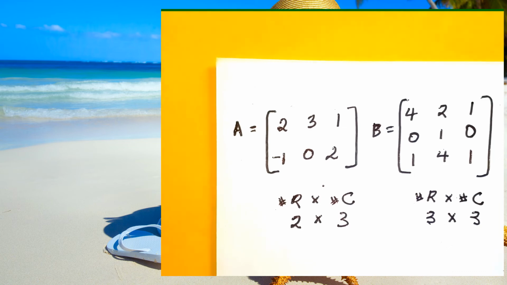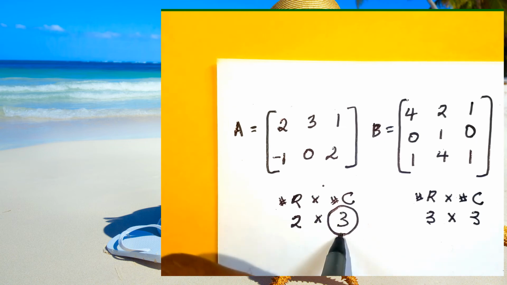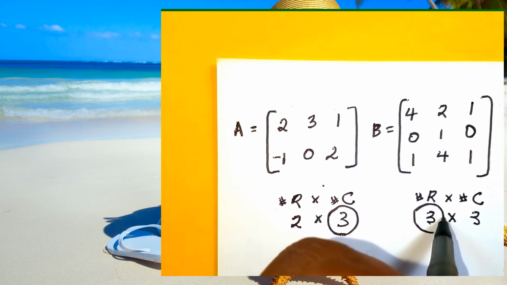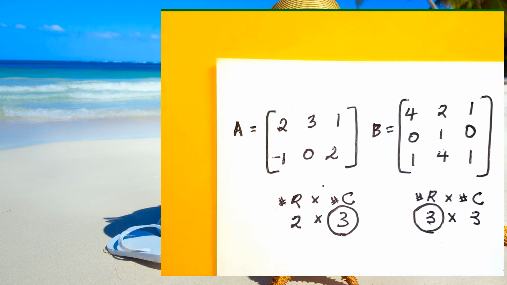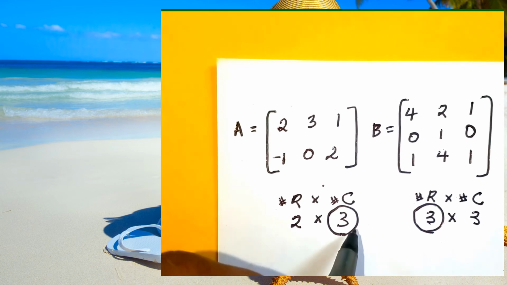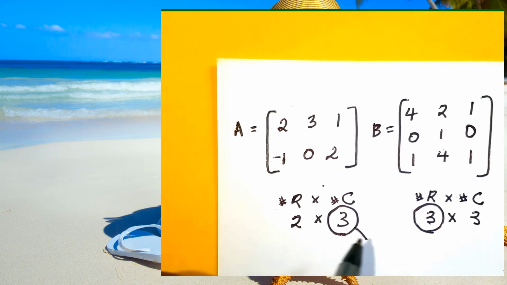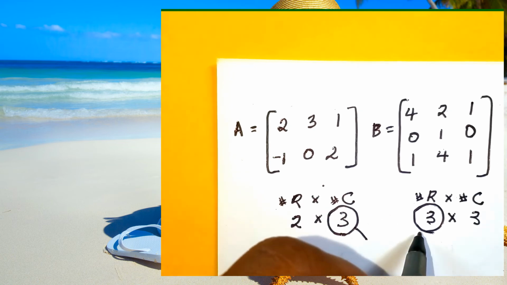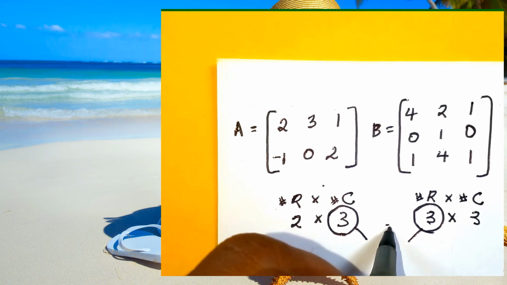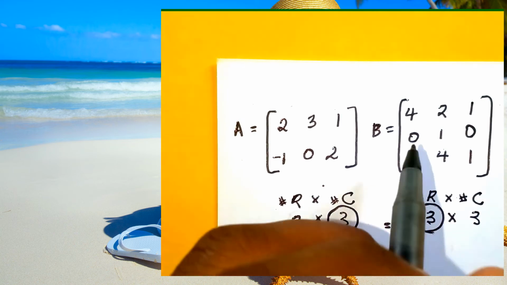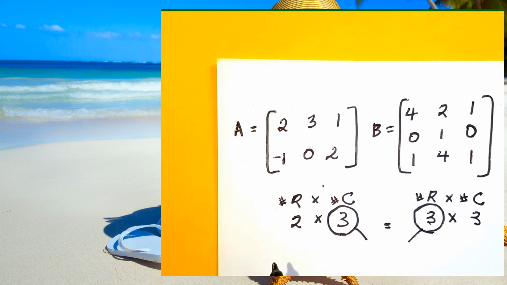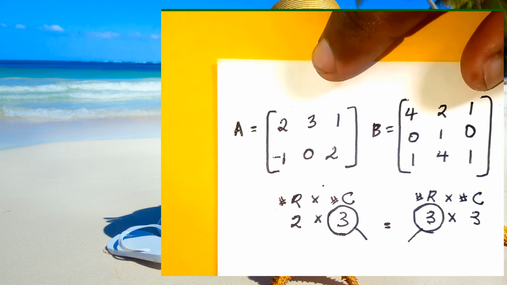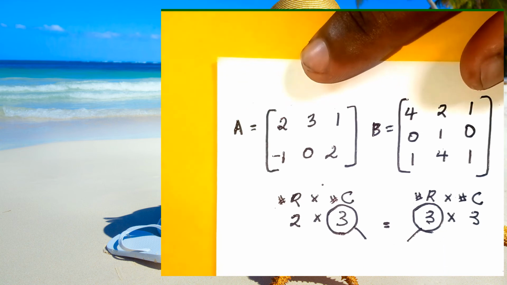There's a relationship that I want you to look for, especially here and here. What do you notice? When the number of columns in the first matrix, because the order is important, is equal to the number of rows in the second matrix, then there's a particular word that we use to describe these matrices.